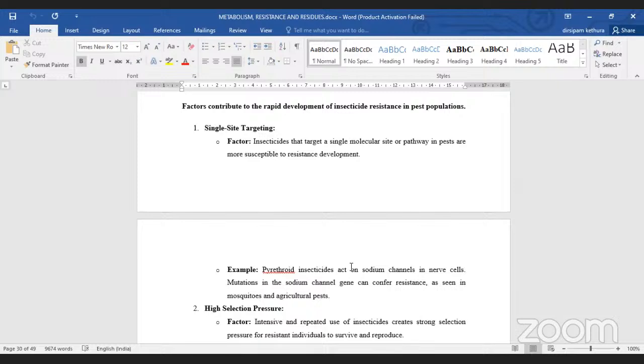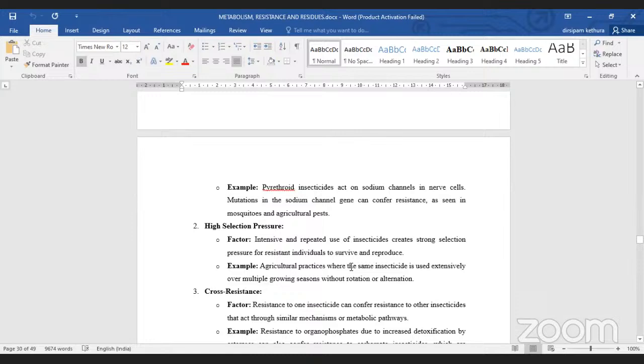The first one here is single site targeting. Here, the insecticides that target a single molecular site or pathway in pests are more susceptible to resistance development. Examples are pyrethroid insecticides that act on sodium channels in nerve cells. Mutations in the sodium channel gene can confer resistance, as seen in mosquitoes and agricultural pests.